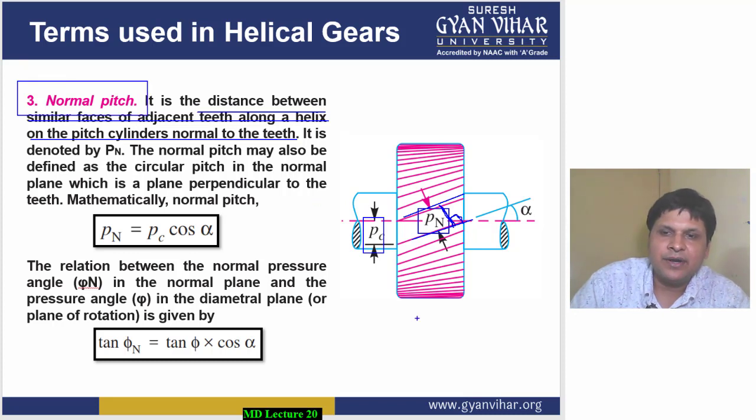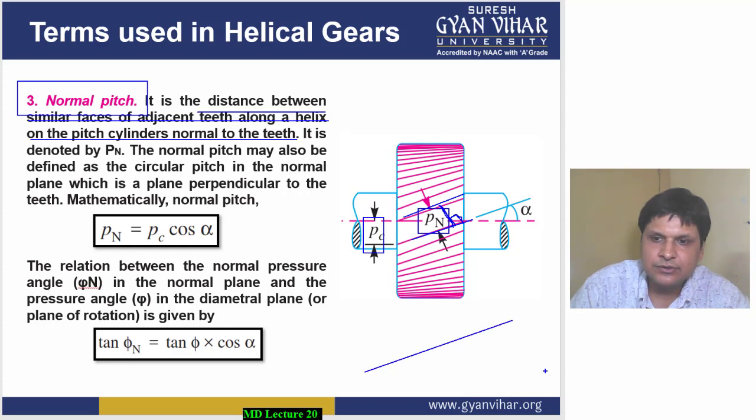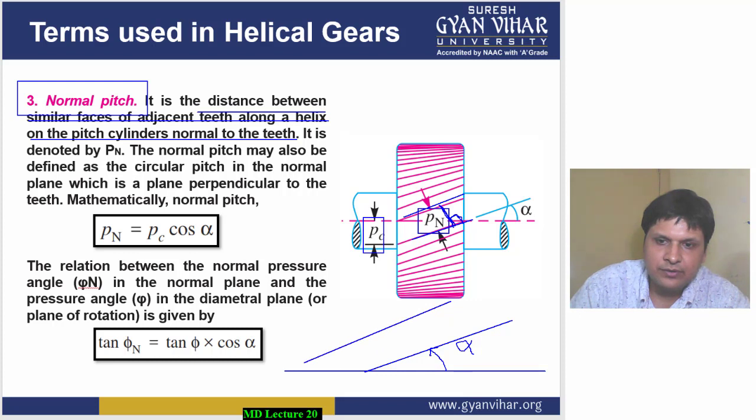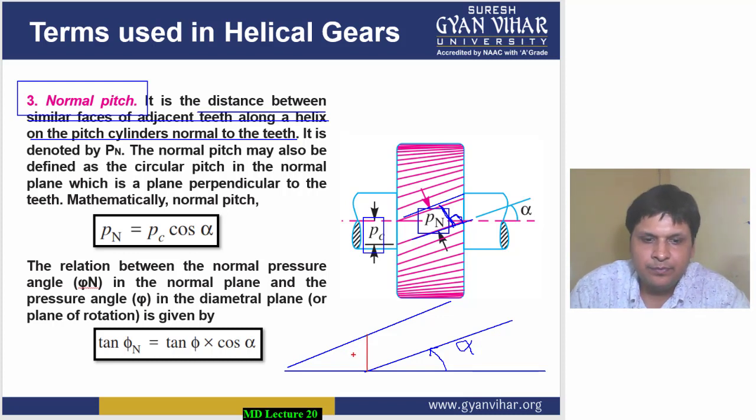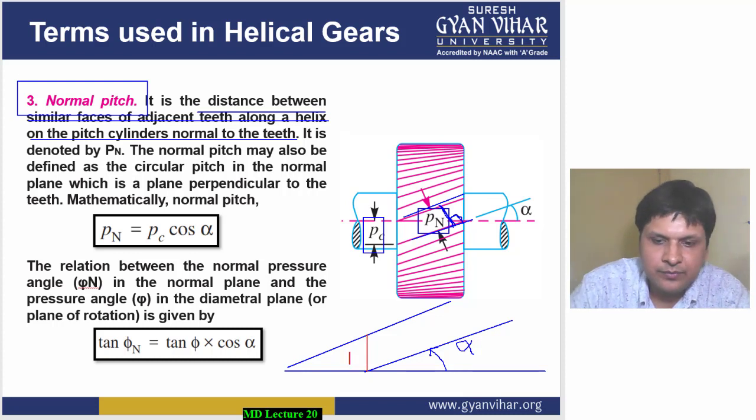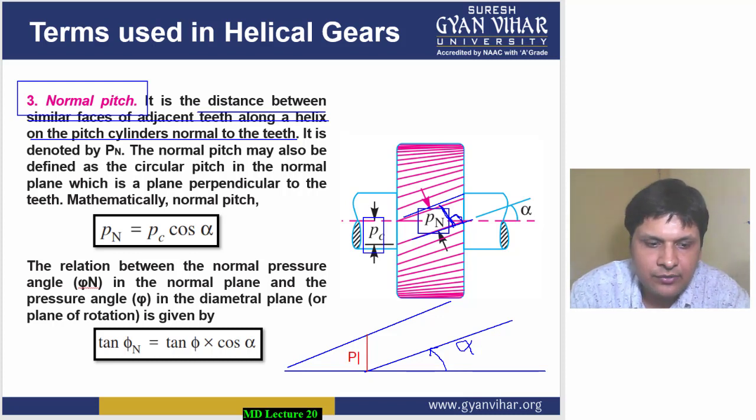Now we want to find the relation between them. How can we find the relation? First of all, this angle, students, is given to us as alpha, all right. If this is one tooth and this is one more tooth, this is your circular pitch.